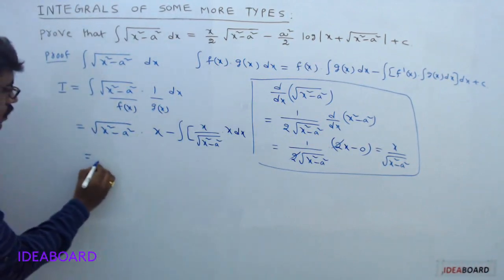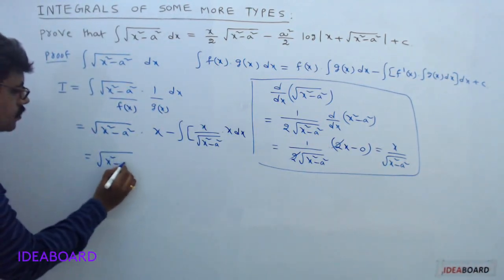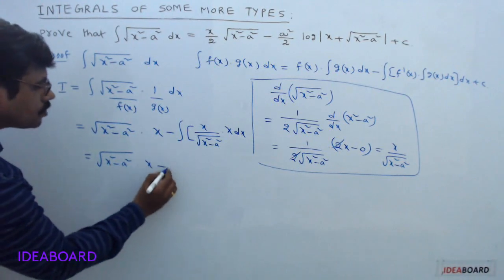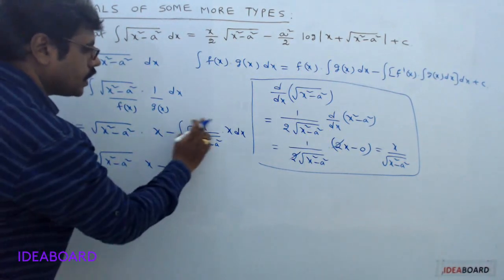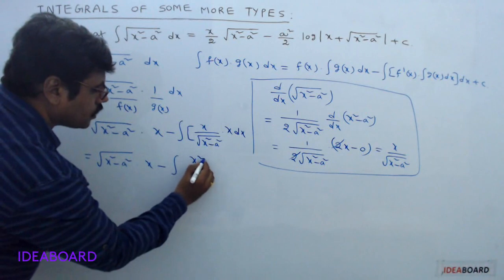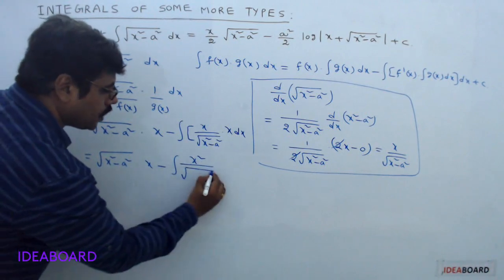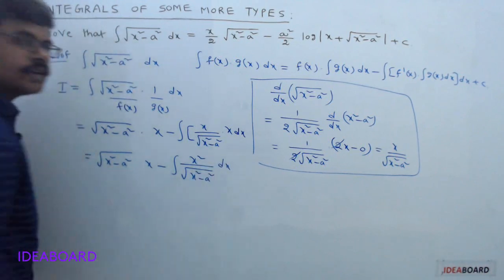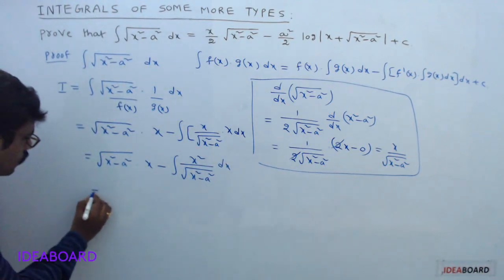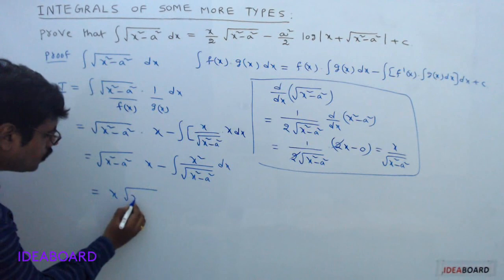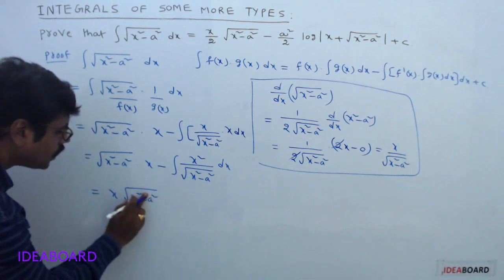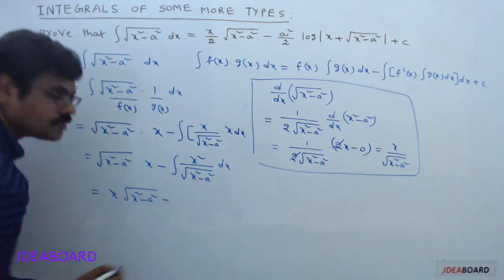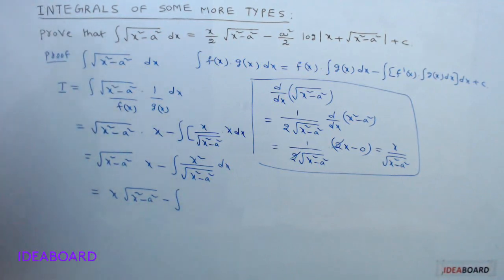Now this is square root of x square minus a square into x, minus integral x into x, that is x square divided by square root of x square minus a square dx. Now this is equal to x into square root of x square minus a square minus integral.